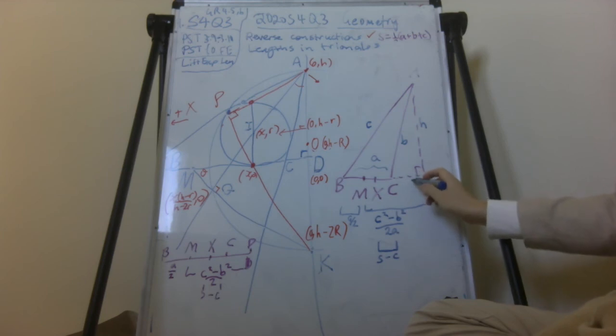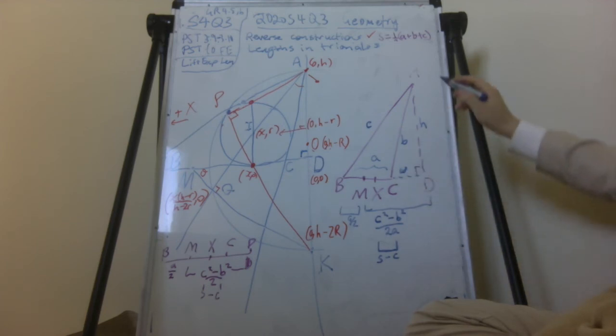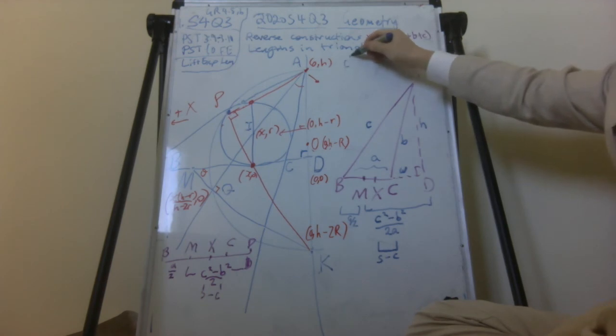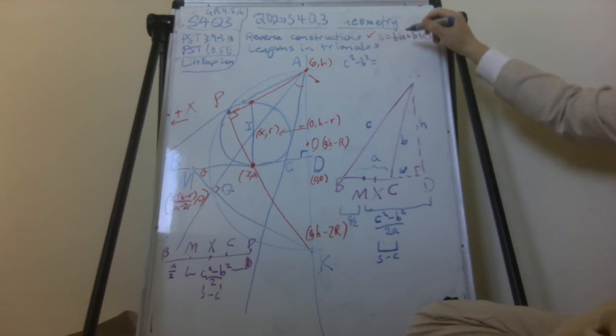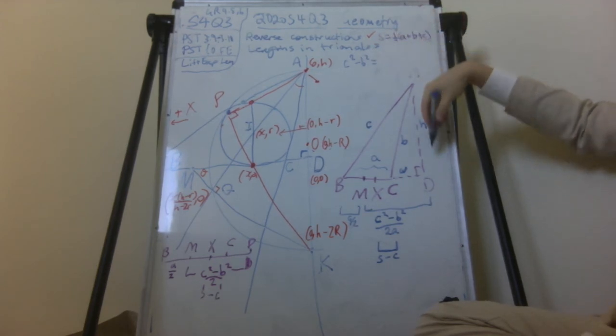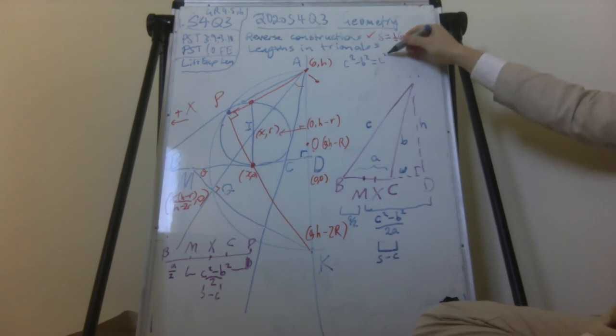Let's call this length w, okay? So c squared minus b squared is equal to, so b squared is h squared plus w squared, right?